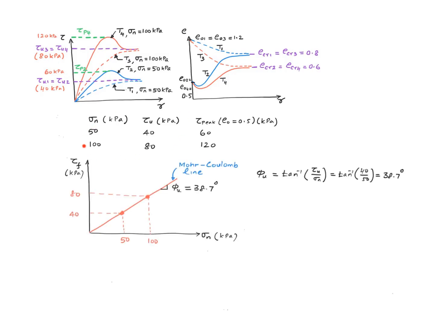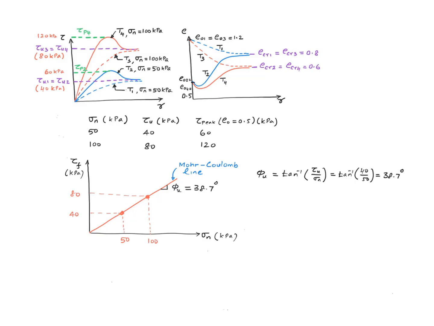So I plotted these numbers in the tau versus sigma space and defined my Mohr-Coulomb failure line. The Mohr-Coulomb failure line obviously has to also pass through zero because we are talking about sand here. And that line obviously has to pass through these 2 points also. But sometimes it may not pass through all of those points, then you have to run an average line.